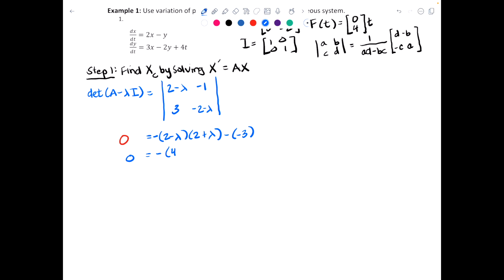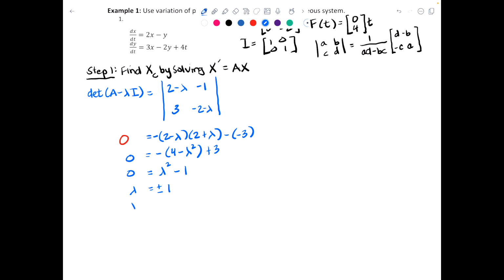So the middle terms will zero out, and we'll have 4 minus lambda squared plus 3. And then this will give us positive lambda squared, and then negative 4 plus 3 is minus 1. And so lambda will equal plus or minus 1.